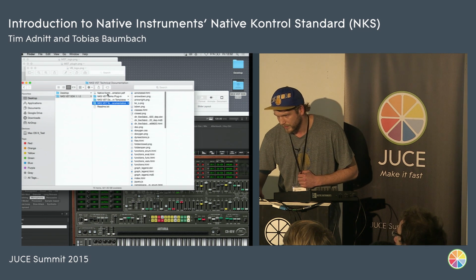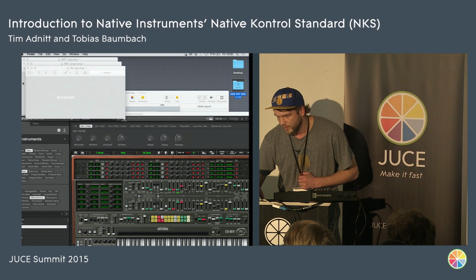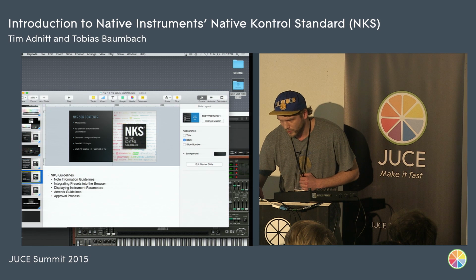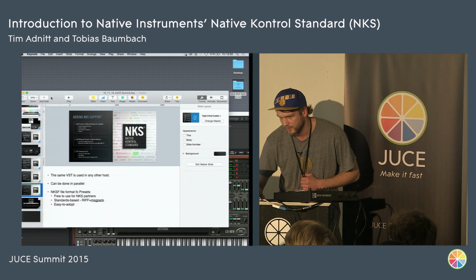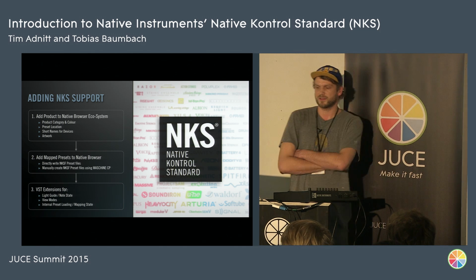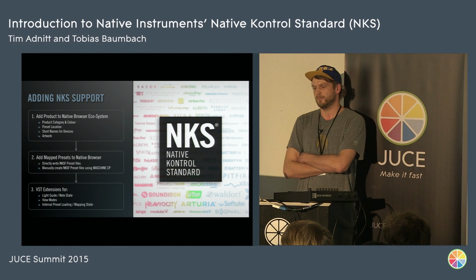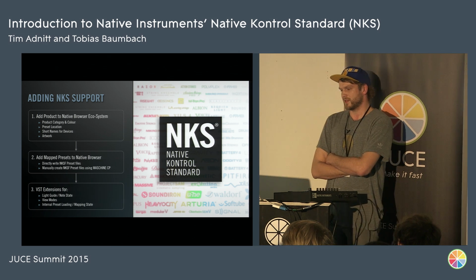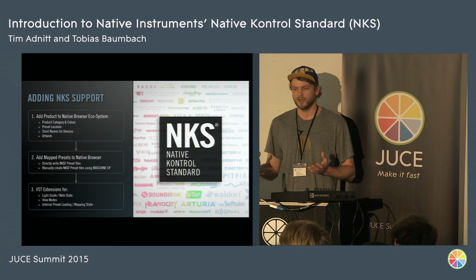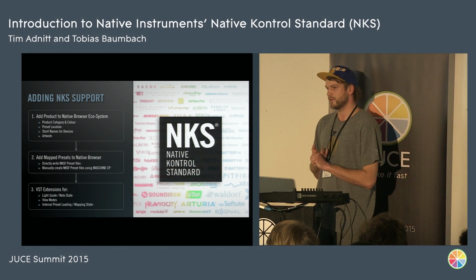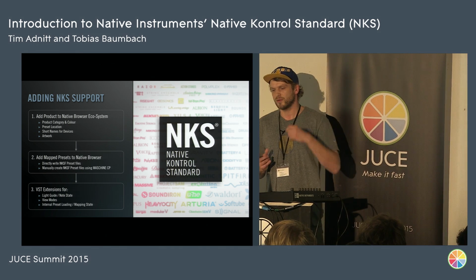So I think that's it for the technical SDK part. Now I'm just talking about the necessary steps to get NKS into your product. What you need to do as a plugin developer to implement NKS is, first of all, define a product which appears in the end in the product browser.